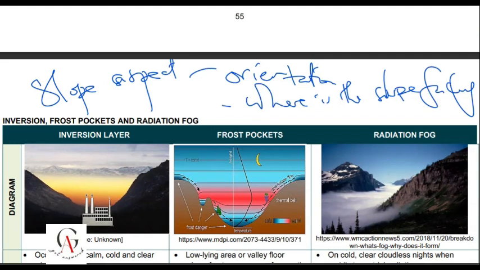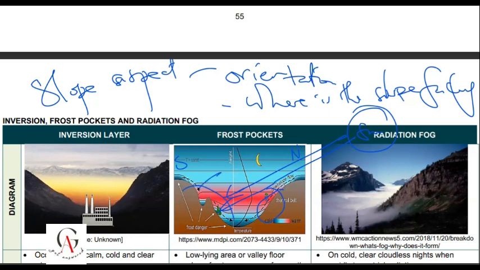So in the southern hemisphere, the north facing slopes are the ones that receive insolation in summer. Let me indicate: if this is our south and this is our north, the sun is in the north. We are in the south here. The sun is always there, and it means the sun is going to shine over this side, and it will never shine over this side, because this one is facing away from the sun, but this one is facing towards the sun.